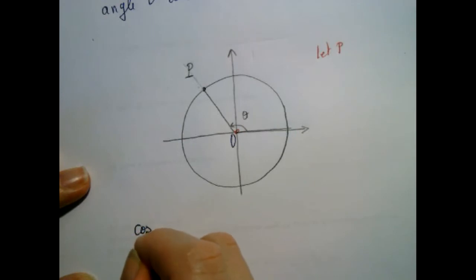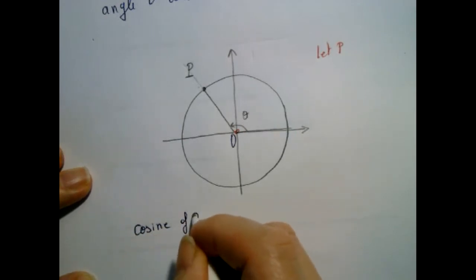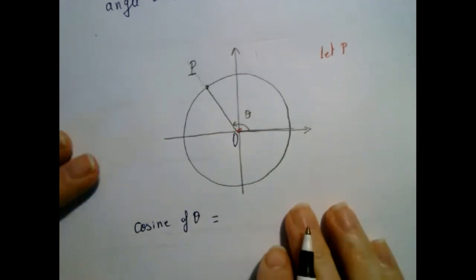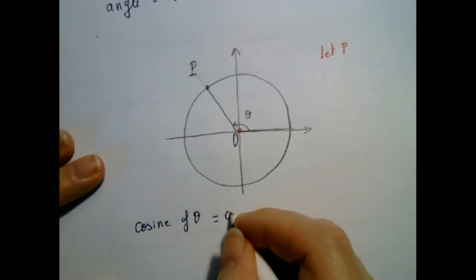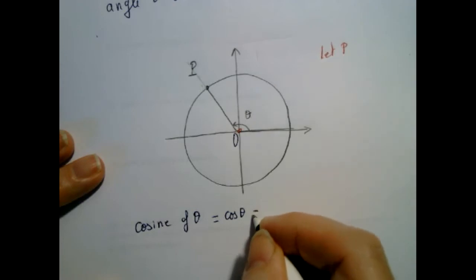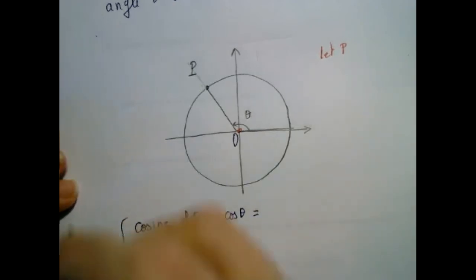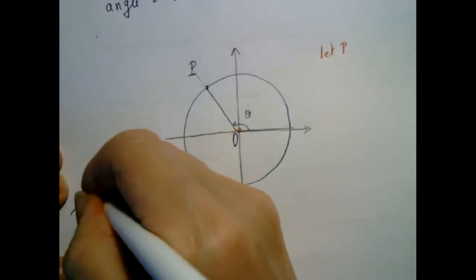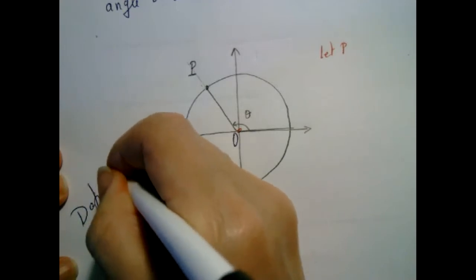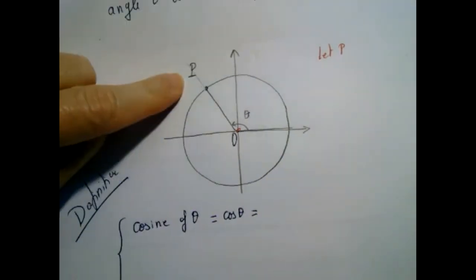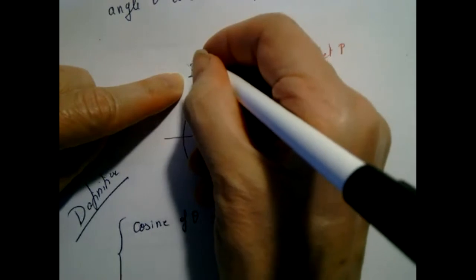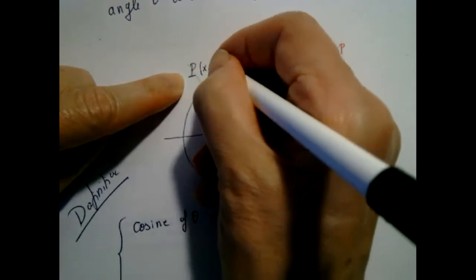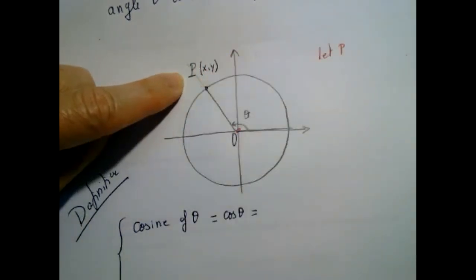The cosine of theta, which we denote by cos of theta, is defined as follows. And this is my definition. I have the point P. This point has two coordinates, x and y.